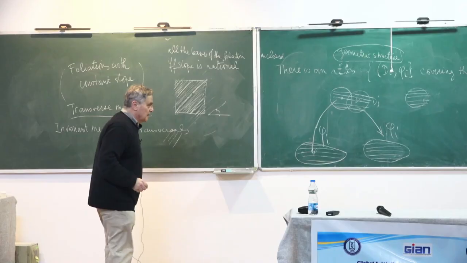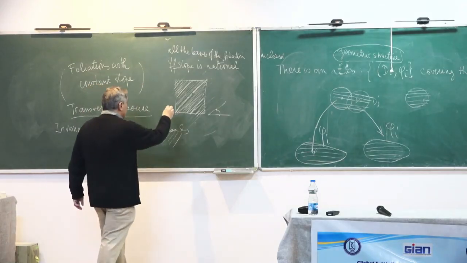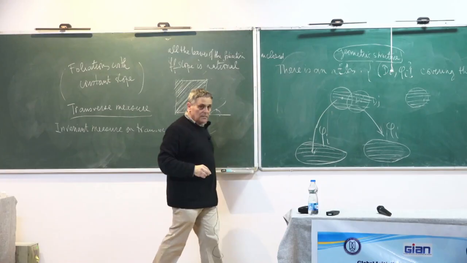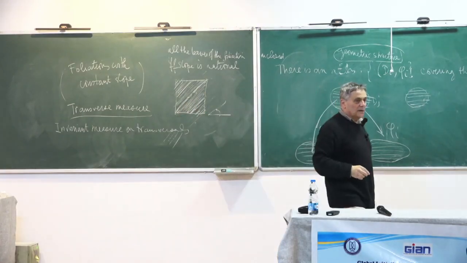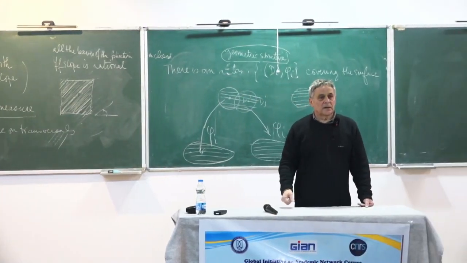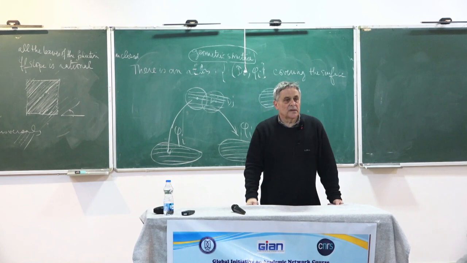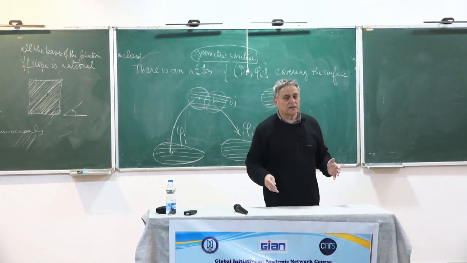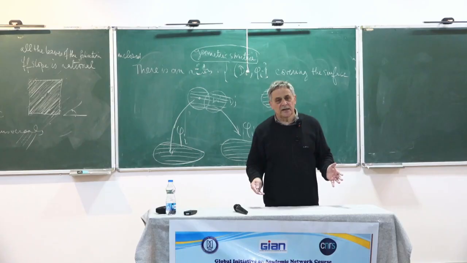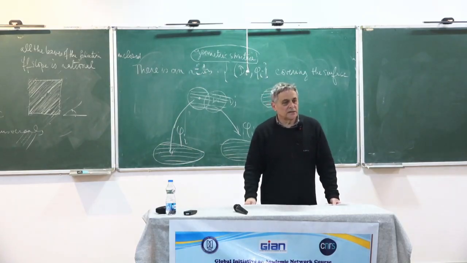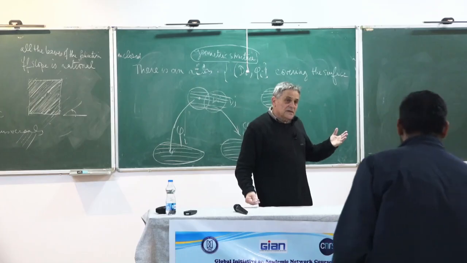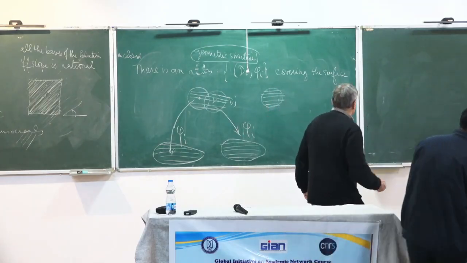Okay, we don't have a color chalk, but it's fine. So you see, you have a notion now. You understand what a manifold is. Did I say a surface is a two-dimensional manifold?